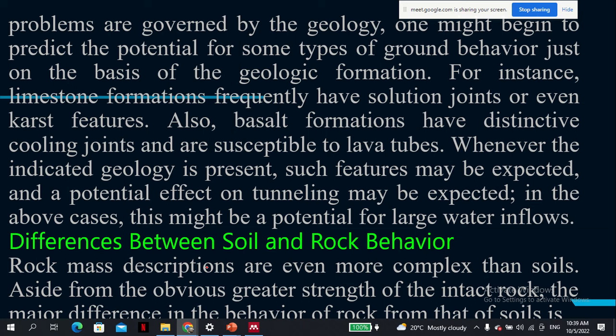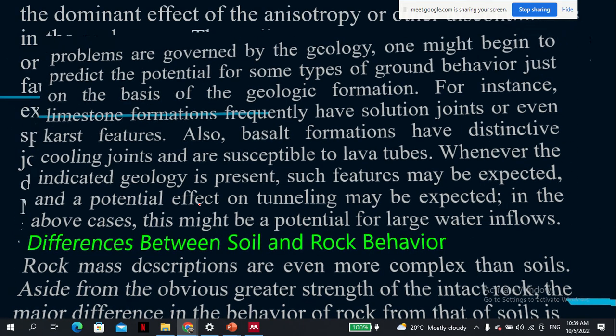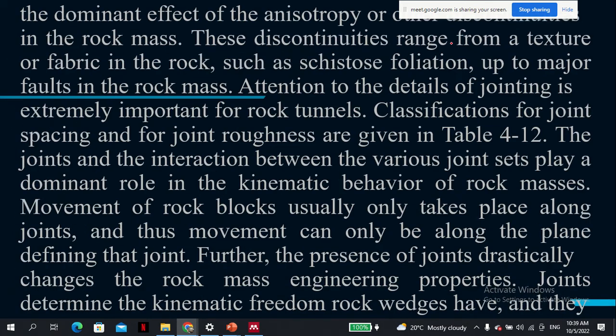If there are discontinuities, those will affect the behavior. So all these issues have to be considered, and rock mass descriptions are even more complex than soils. Aside from the obvious greater strength of the intact rock, the major difference in the behavior of rock from that of soil is the dominant effect of anisotropy.